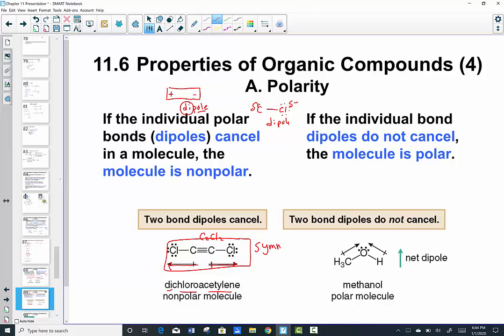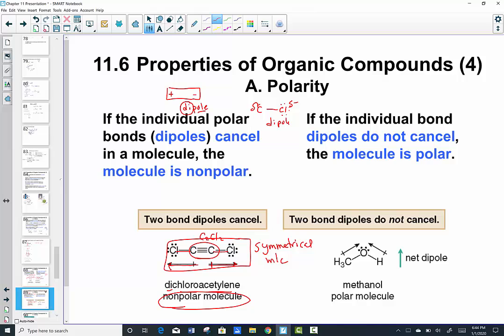It's a perfectly symmetrical molecule. This carbon to carbon triple bond is nonpolar, but the bonds leading out to the chlorines are indeed polar, but since they're equal distribution, the molecule itself ends up to be nonpolar.